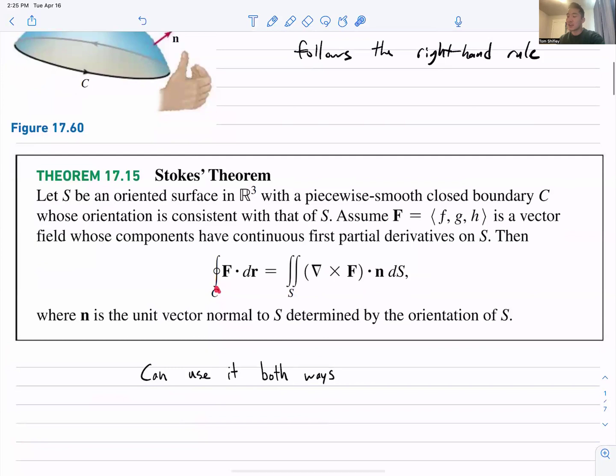And this actually goes both ways. Sometimes the flux integral will be the harder thing to do, and so we can instead do a line integral. And sometimes the line integral will be hard to do, and it's easier to do a flux integral.